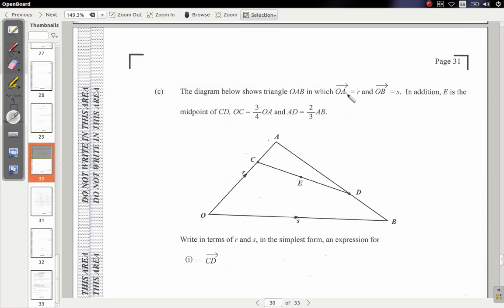And remember, when you name the vectors with two letters, you use capital letters and put the arrow on top. But if you name with a single letter, you use a lowercase letter, right? So uppercase for the two letters, but lowercase for the single letter.